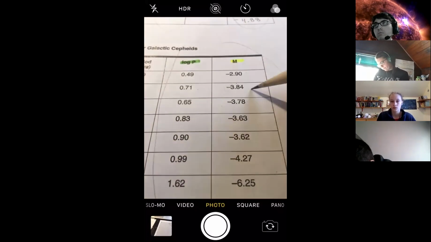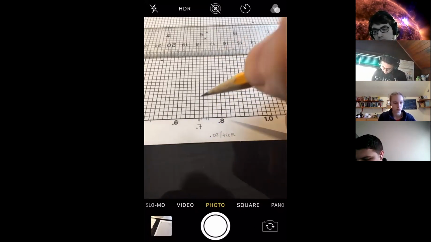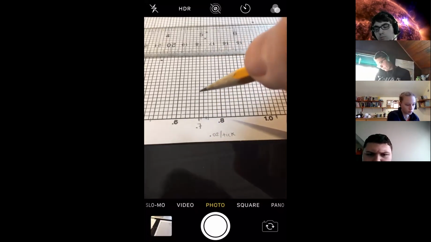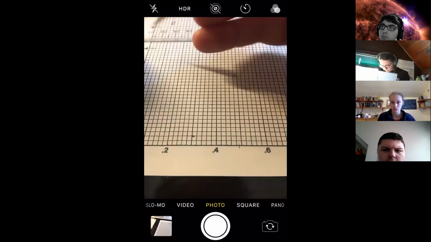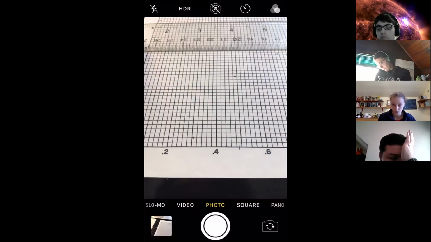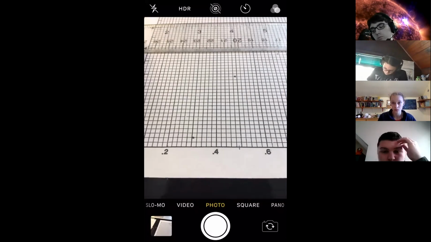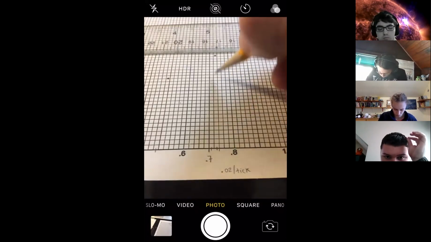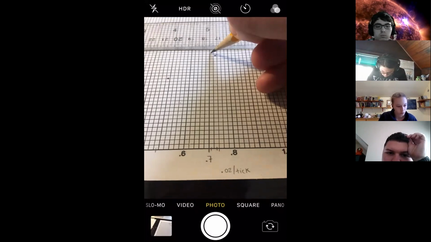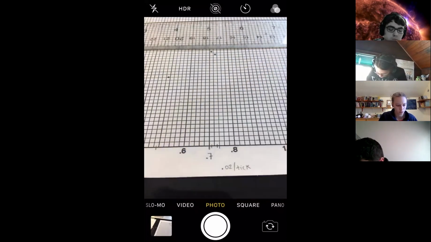Moving on to 0.71 and negative 3.84. Keep up with me. Here's 0.71 and negative 3.84 is halfway between 3.8 and 3.9. I think I did that right.